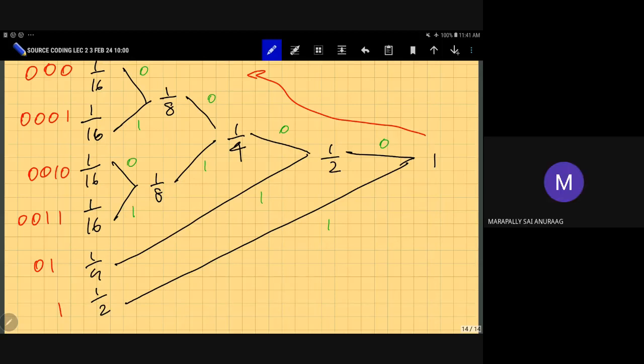Sir, can you please repeat what you just said? So as I mentioned, once you get this tree, the way you label the edges doesn't matter. As long as at each level you have a 0 and a 1, it's okay. I can interchange this with a 1 and this with a 0. But whatever rule you use, it generally has to be systematic for the sake of implementation, because after all, both the encoder and the decoder have to construct this tree.